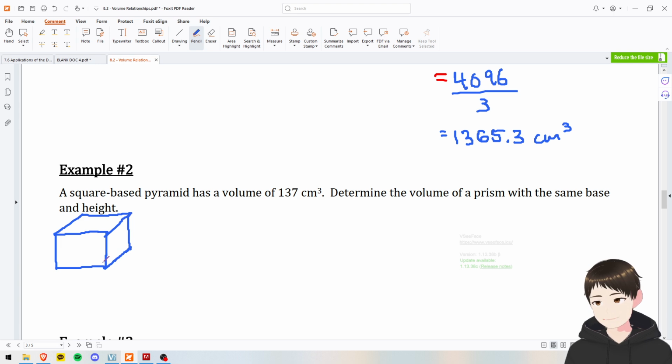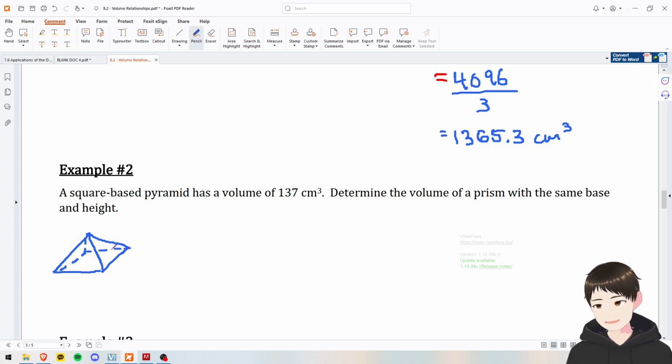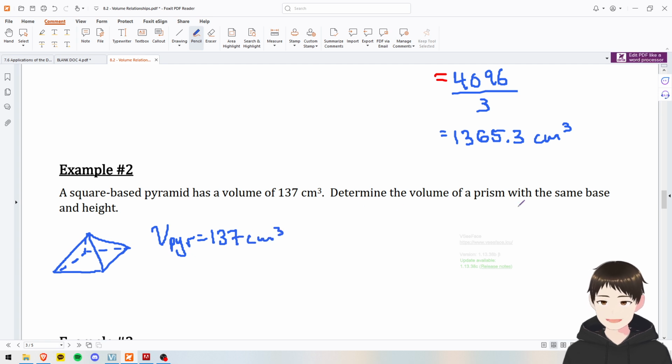If you have a square base pyramid, sorry, if we have a square-based pyramid, something like that, I hope you can see that's 3D, and that has a volume of 137 centimeters cubed, determine the volume of a prism with the same thing. So this time I'm doing it in reverse, aren't I?